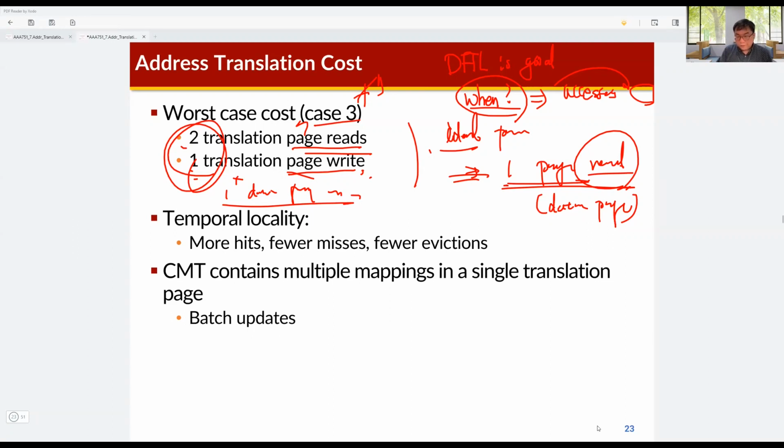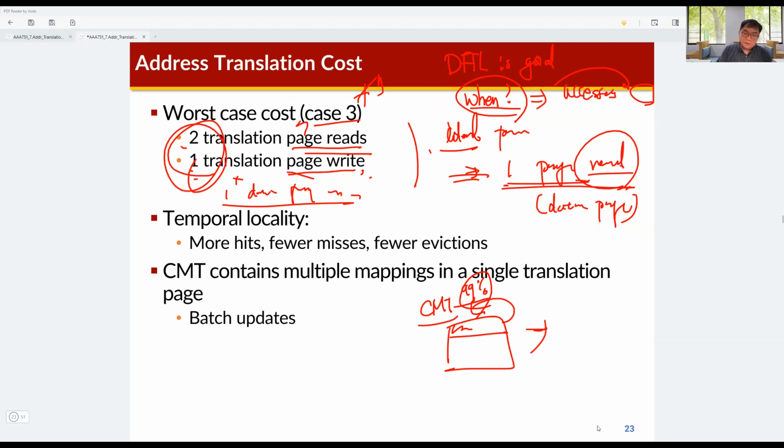So this page translation information can be serviced from the CMT, like 99%. Then the performance of the Dftl may be similar to the ideal page level mapping, right?